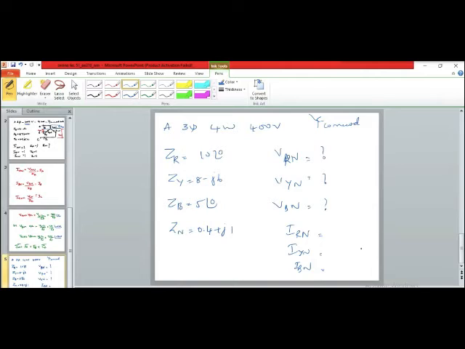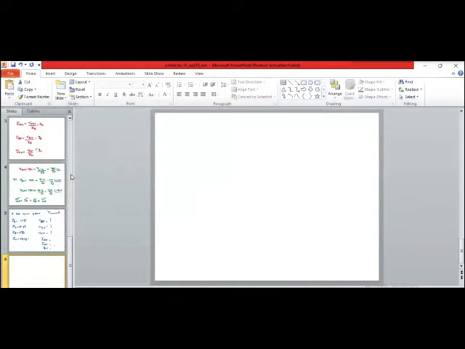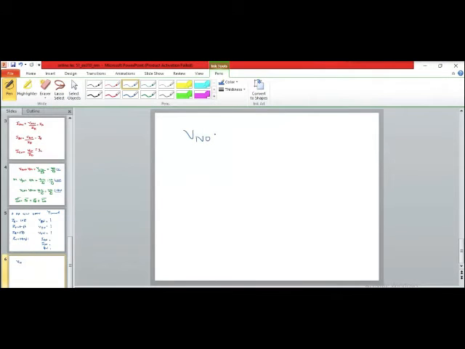Here there is a neutral impedance connected, so you need to use a different formula. What you have to first find out is the neutral shift voltage VNO.